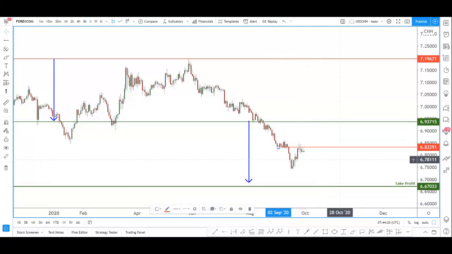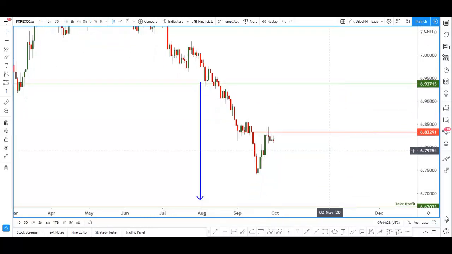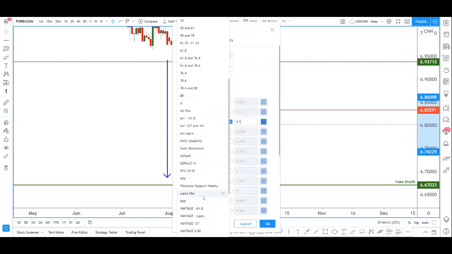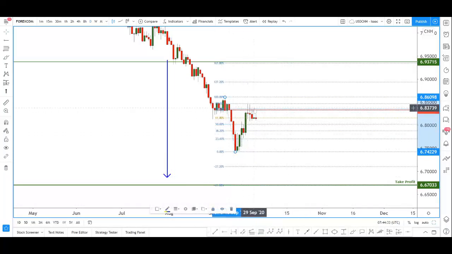Let me zoom into this area. If I use Fibonacci retracement from the last movement to the low, open all Fibonacci ratios, we see that price tested the 78.6 level multiple times. One, two, three, came close the next time, and it was always a rejection.